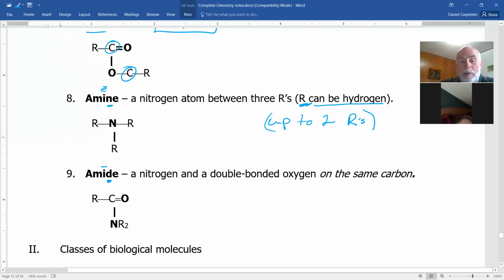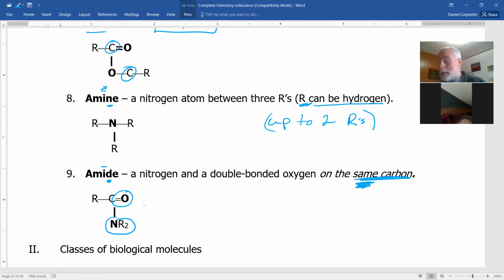So in this, we've got the N and the double bonded O on the same carbon. So this is like an aldehyde or ketone and an amine combined to the same carbon.